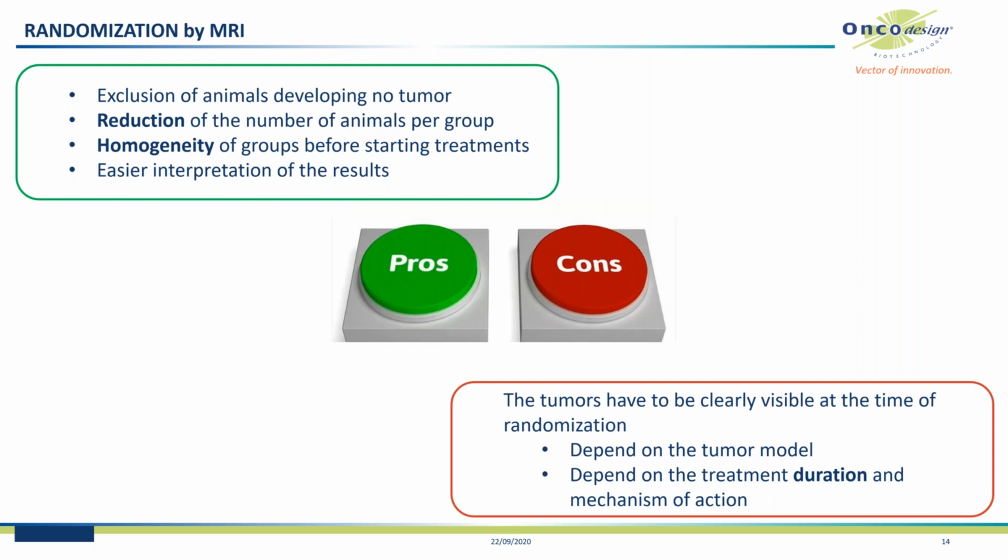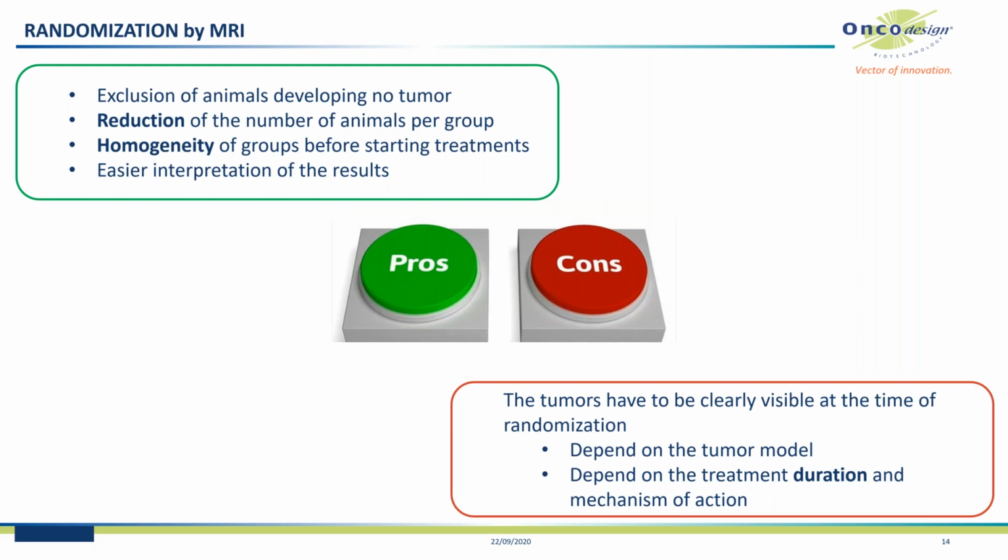So in orthotopic models, one of the main problems is to know the stage of development when you start to treat the animals. So MRI can help you to exclude animals with no tumor or abnormal development, reduce the number of animals in each group because you exclude non-takes, and you also have more homogeneous groups at the beginning of the treatment, which will help to interpret results and statistics.